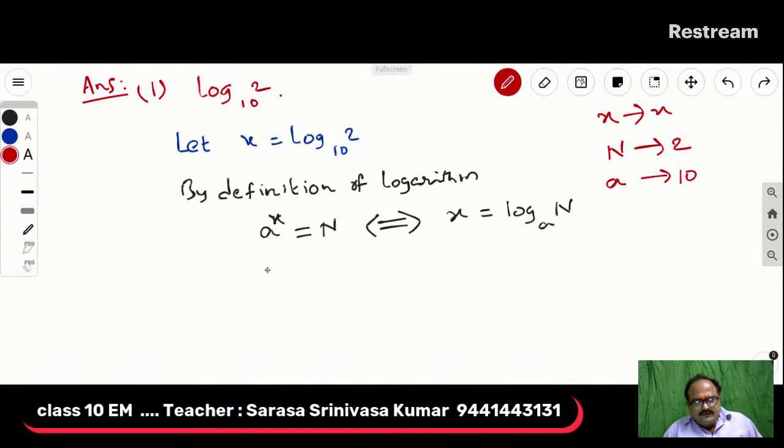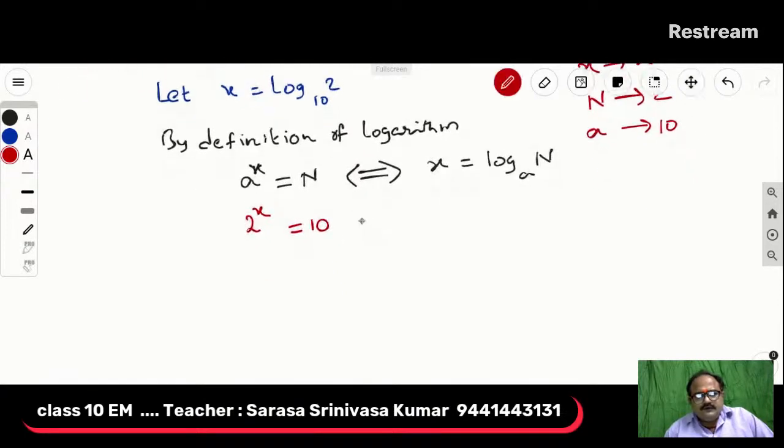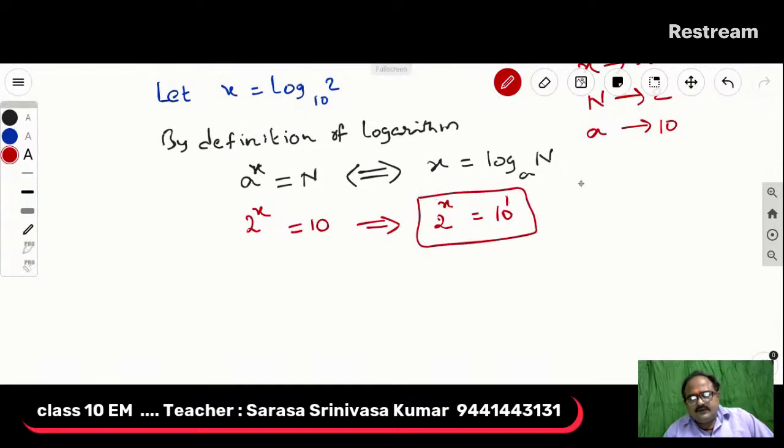So by this we can write 10 to the power of x equal to 2. Here I can write it as 2 raised to the power of x equal to 10 to the power of 1. So this is impossible.